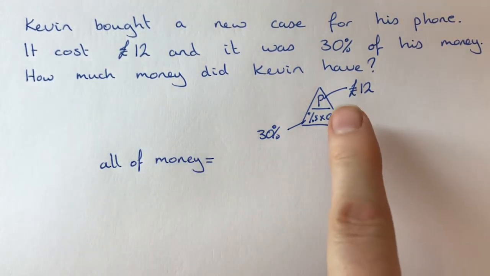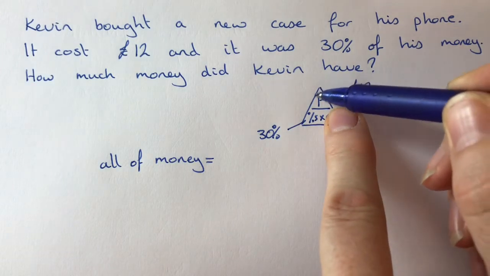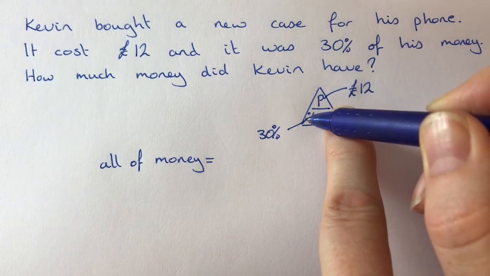We use our triangle to work that out. We can see that it's the part that he paid divided by the percentage share.